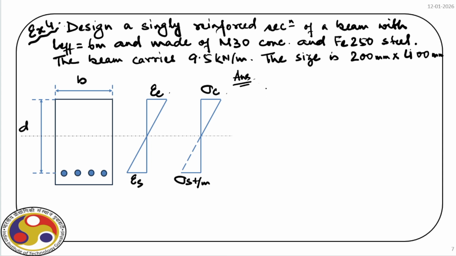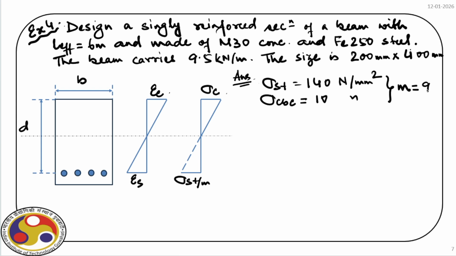So for the given parameter, what we have, sigma ST is equal to 140 Newton per millimeter square. Sigma CBC for M30 concrete, it is 10 Newton per millimeter square and the modular ratio is 9.33.